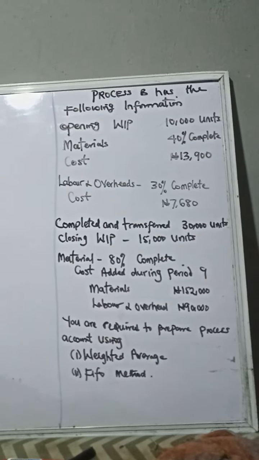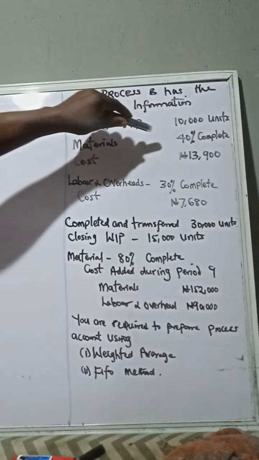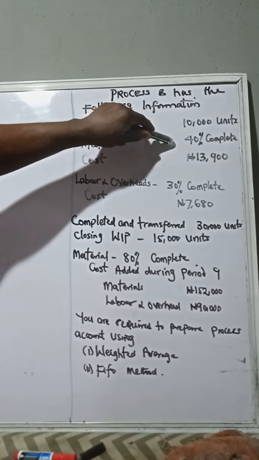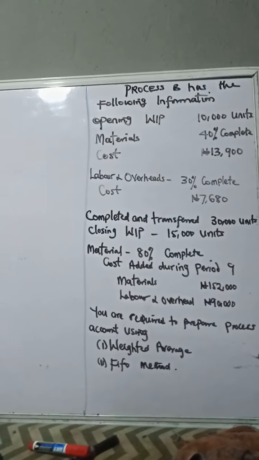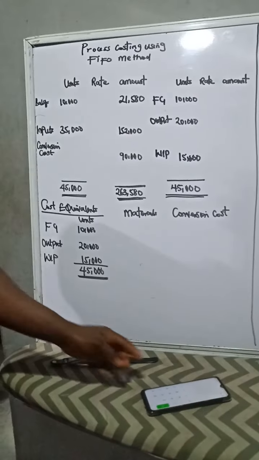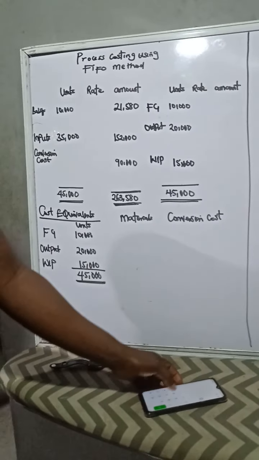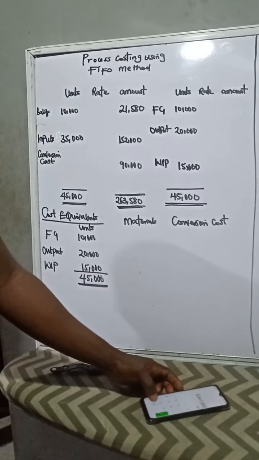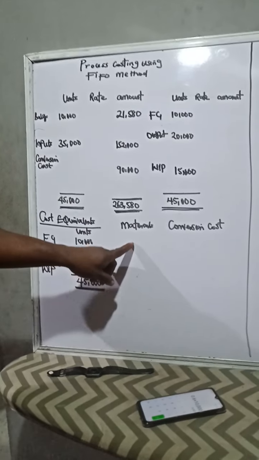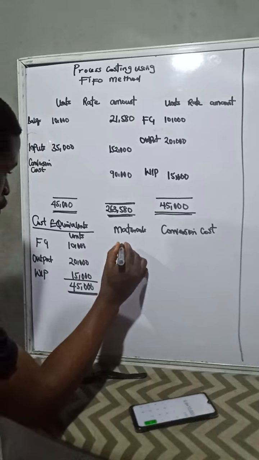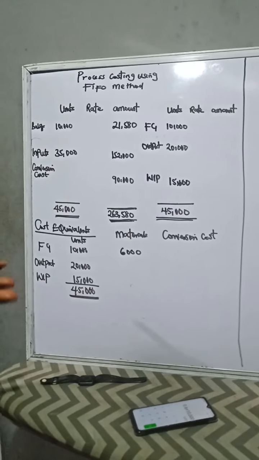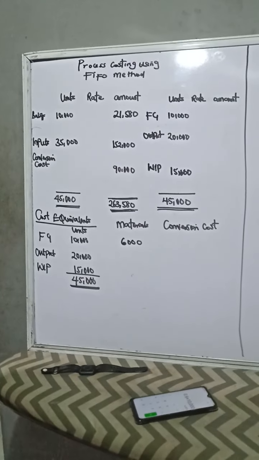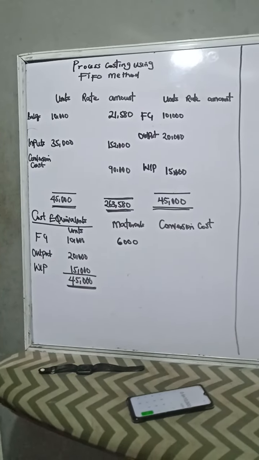What they are trying to say here is 40% has been completed. So that means we have 60% that has not been completed. So it is the 60% you apply on these 10,000 units. So I'm going to say 0.6, which is 60%, times 10,000 units. So that gives me 6,000. So I'll bring in 6,000 here, because we are told that 40% has already been completed. So we don't need that. What we need is the 60% that has not been completed.